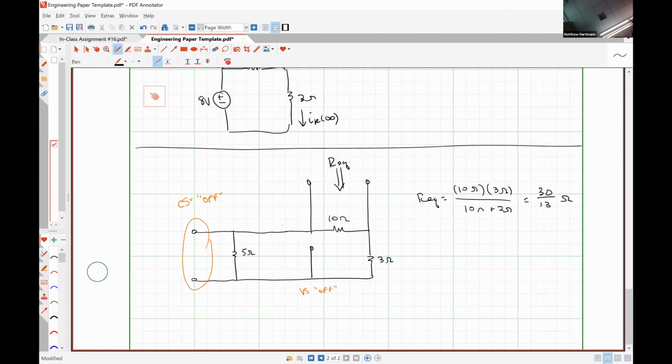And the equivalent resistance would look like 10 in parallel with 8, which is definitely not the same as 10 in parallel with 3. So it's very important that you look at the circuit at t equals 0 plus in order to calculate your equivalent resistance, or you're going to get it wrong.